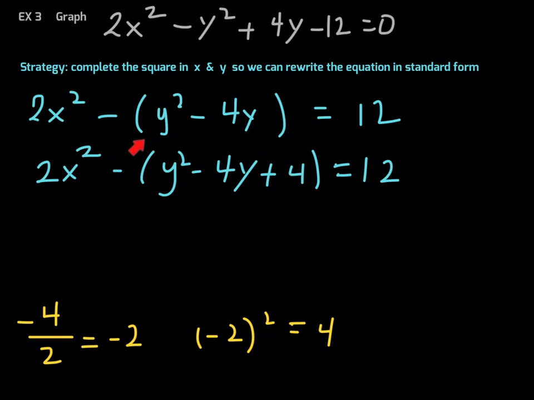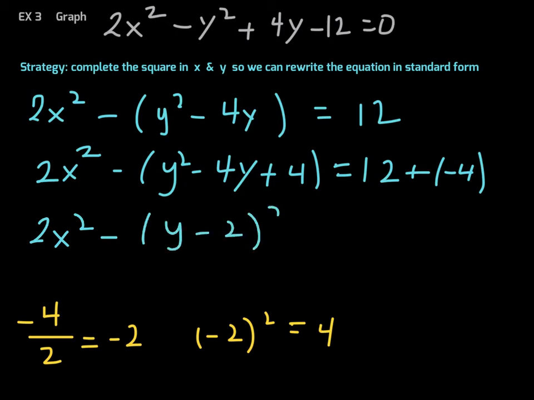You've added -4 to the left. So you're going to have to add a -4 to the right. When you say you're adding negative 4, that's the same thing as saying you're subtracting 4. So you got to be very careful about that, okay? So then this becomes 2x squared minus, and then this is y minus 2 quantity squared is equal to positive 8.